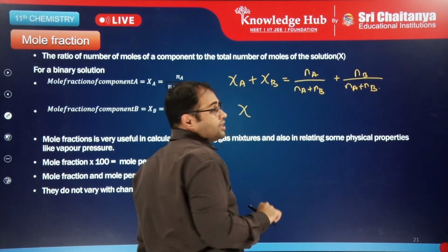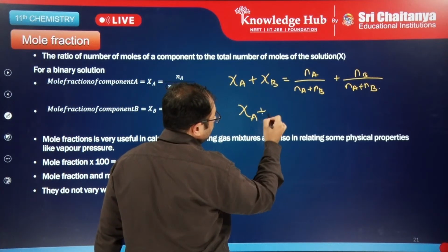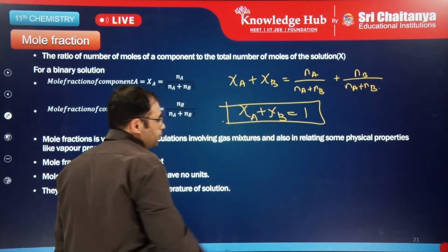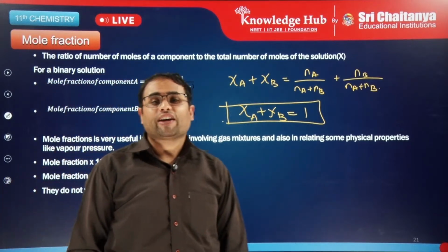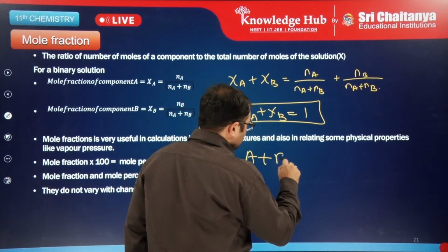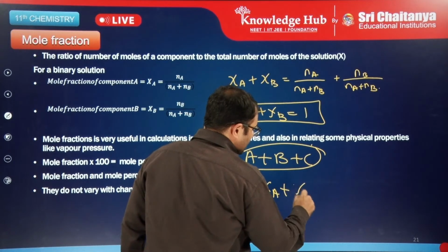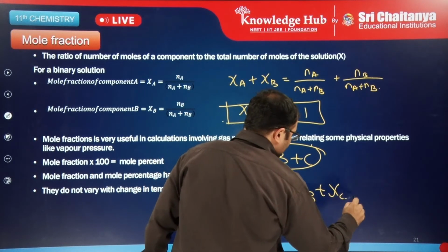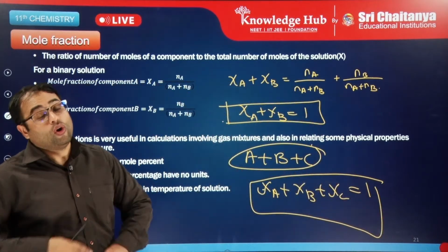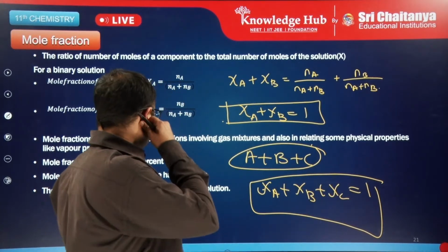This, my dear friends, comes out to be 1. A very important relation. Suppose we had a mixture of A plus B plus C also. Then also chi A plus chi B plus chi C equals 1. The addition of mole fractions of all the components will give you the answer 1.